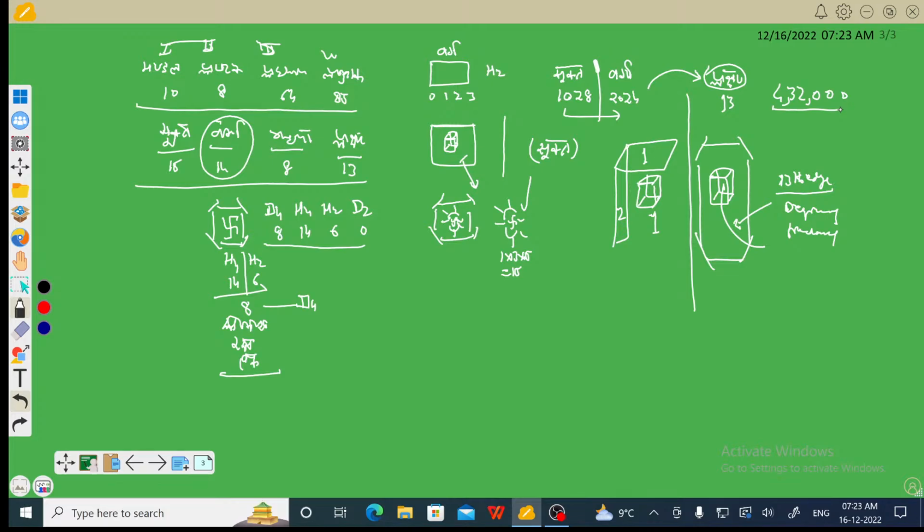Now see, 432 multiplied by 1000 means if this is a unit, then we are having 432 units, and this is equal to 8 multiplied by 104. So if 8 is as a unit, then we are left with 104, these double units.